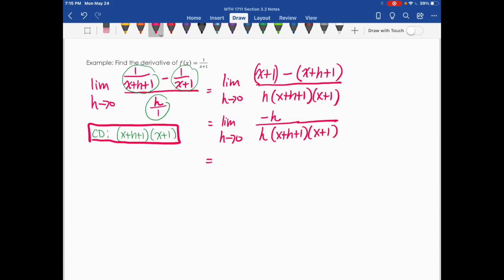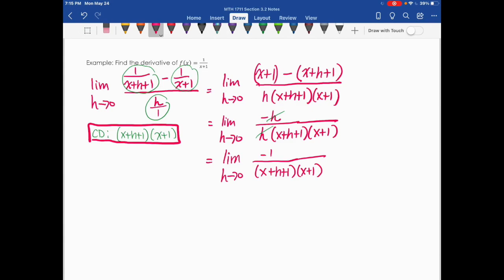Okay, now I can cross off the h's, and I'm left with the limit as h goes to 0 of negative 1 over x plus h plus 1 times x plus 1.